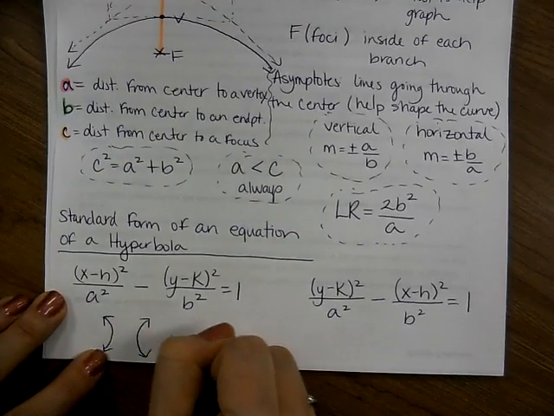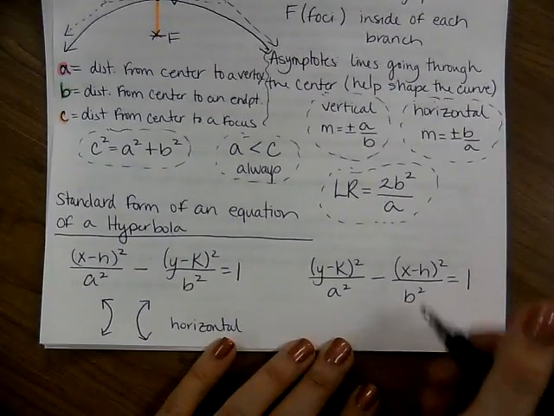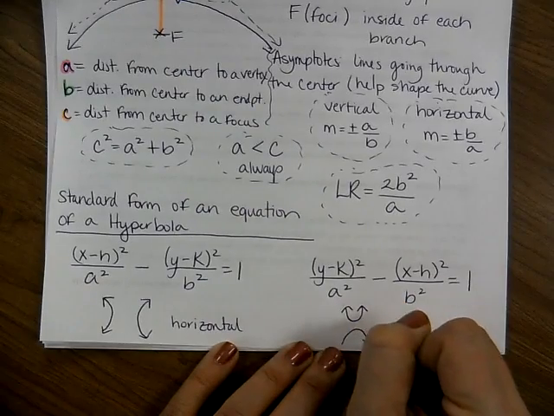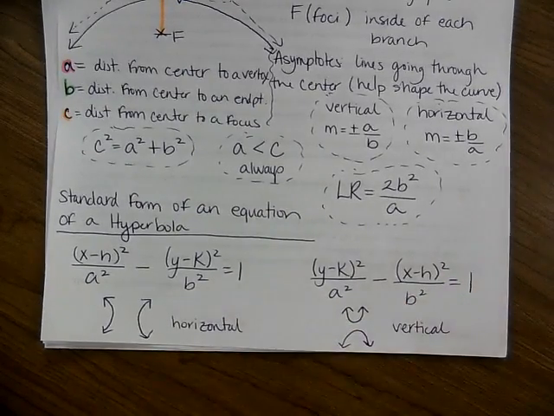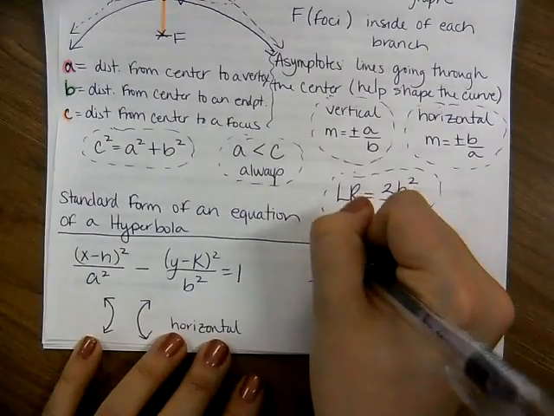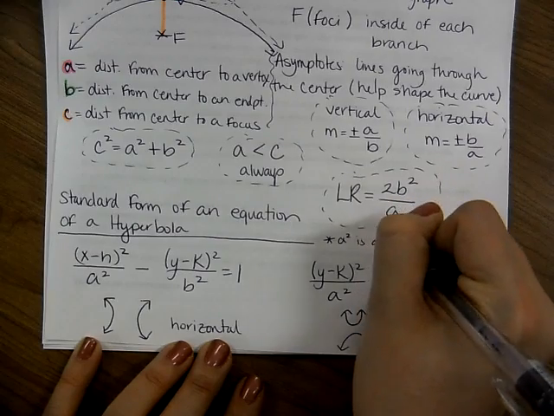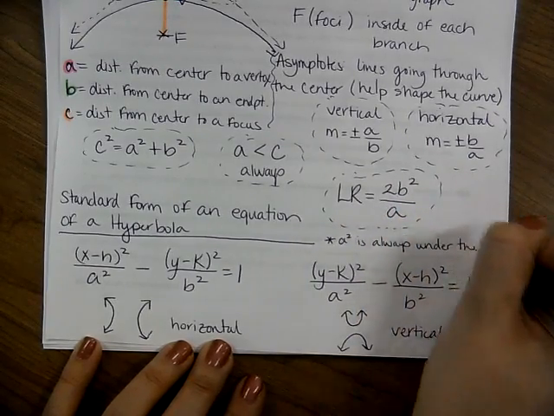And when the y squared term is positive, then it's going to be vertical, looking like this. So here's the rule you want to remember. A squared is always under the positive term.